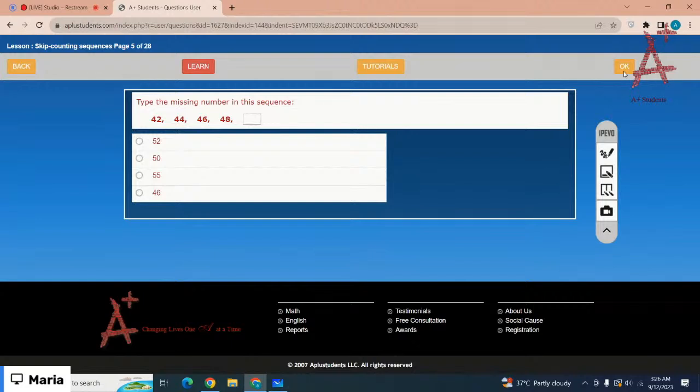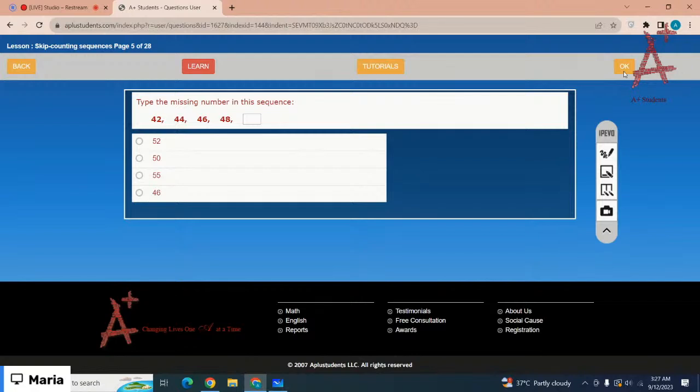Type the missing number in the sequence. So which is the correct option? The correct option is, the pattern is growing by 2 every time.